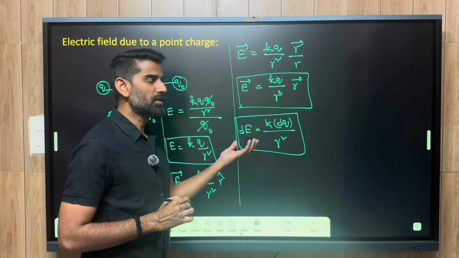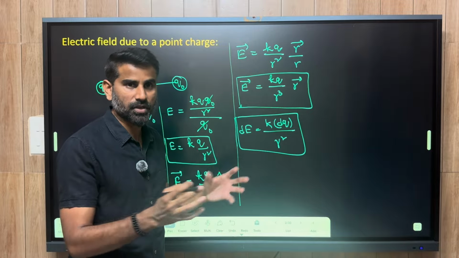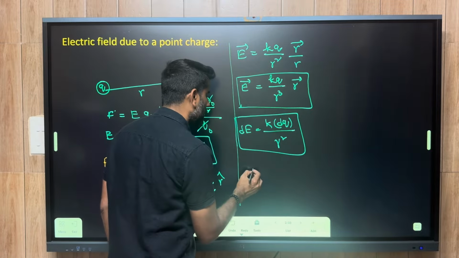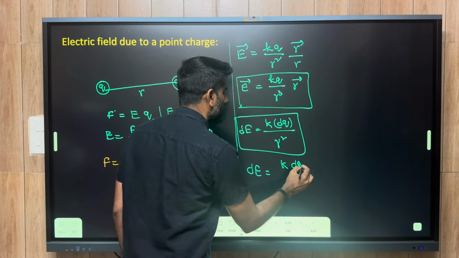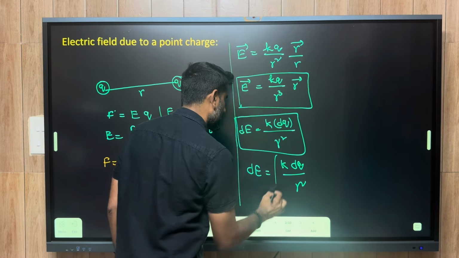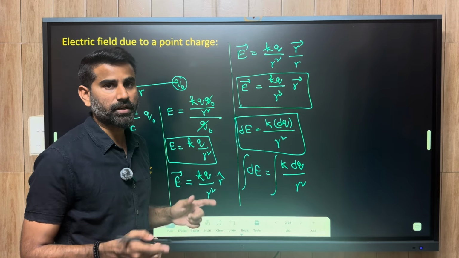If I want the total electric field due to the entire object, then I have to integrate K dQ by R square. I can call this the integral form of the electric field.